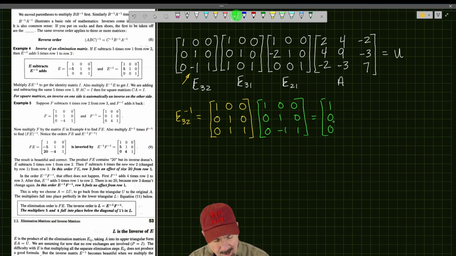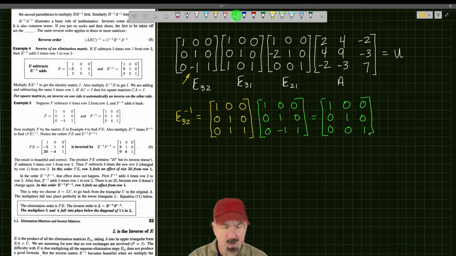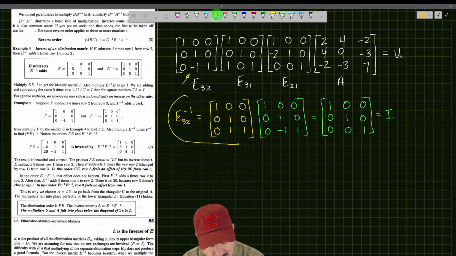And then I'm going to have no copies of the first column, 1 of the second, -1 of the third. That's going to be a 0, 1, and then a 1 -1 in the bottom is 0. And then finally I take the last column. And we can see that we have the identity matrix. This green matrix is equal to the identity matrix. So the product is what we think it is. Be careful with the equal signs here. This is the inverse right here.